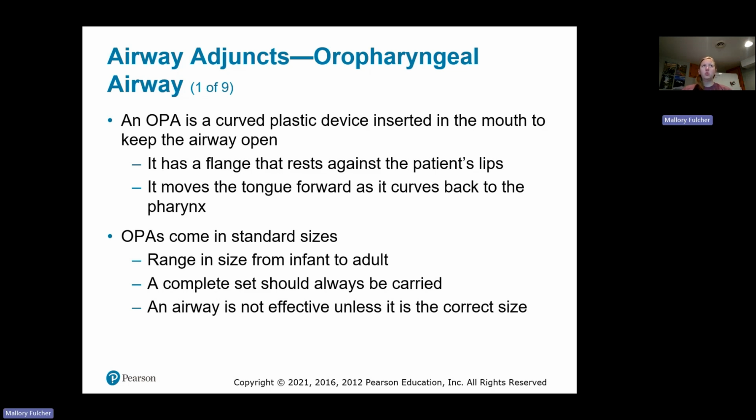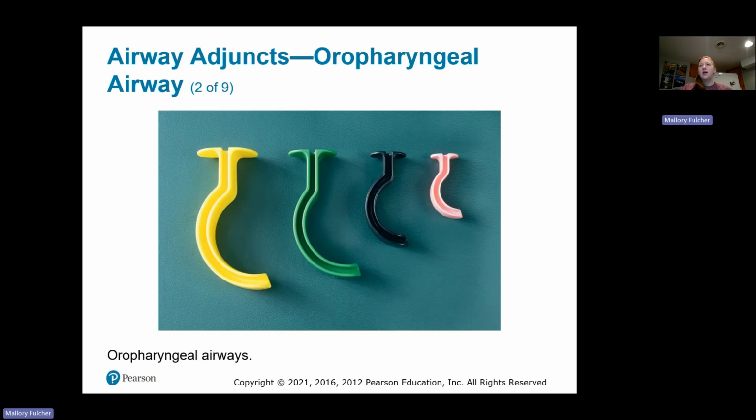And I'm not talking huge like weight-wise, I'm talking huge like airway size. It needs to be the correct size to work appropriately. The idea is that this curve is going around the tongue and indirectly lifting it up off the back of the throat, and this flange sits on those lips. We'll work on insertion of this on our skills day as well.